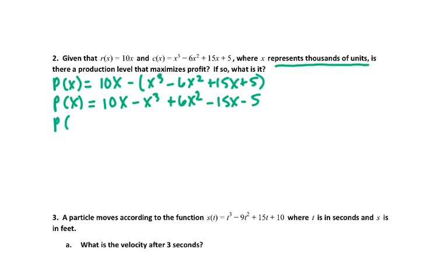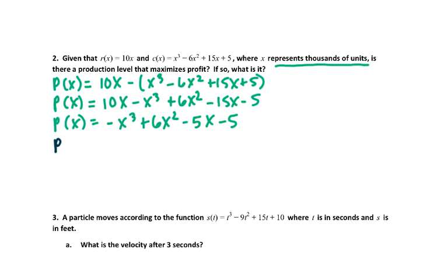And then I think we have one thing we can combine here. 10x minus 15x. So I'm going to pull the negative x cubed out front, then plus 6x squared, and then 10 minus 15 becomes negative 5x, and then a minus 5. So there's our profit equation.